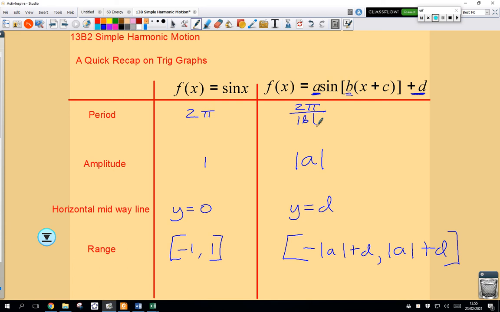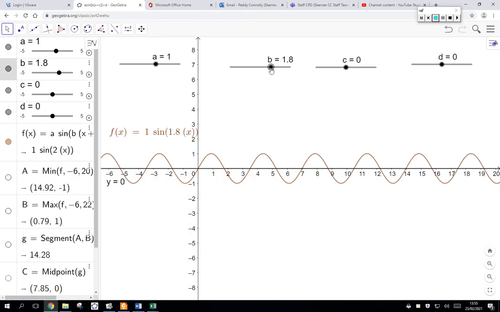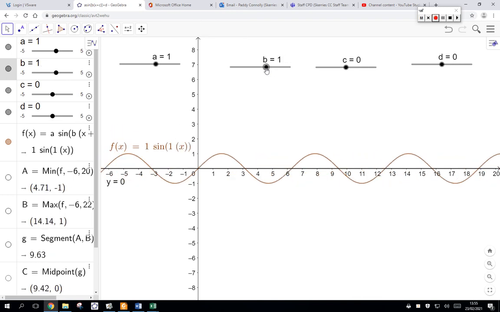Okay, so we can figure out these important quantities from our trigonometric graphs. Just want to mention very quickly what the c does in here. It doesn't really affect any of these 4 quantities. Let me just reset everything. There's my sine function.